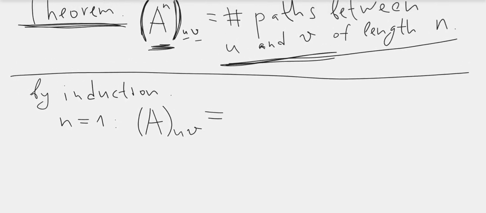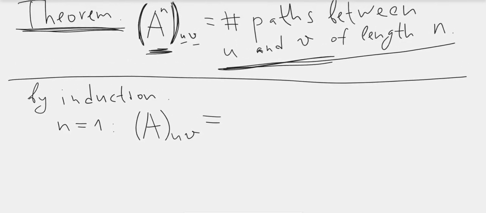It is 1 if u is adjacent to v, and 0 otherwise.